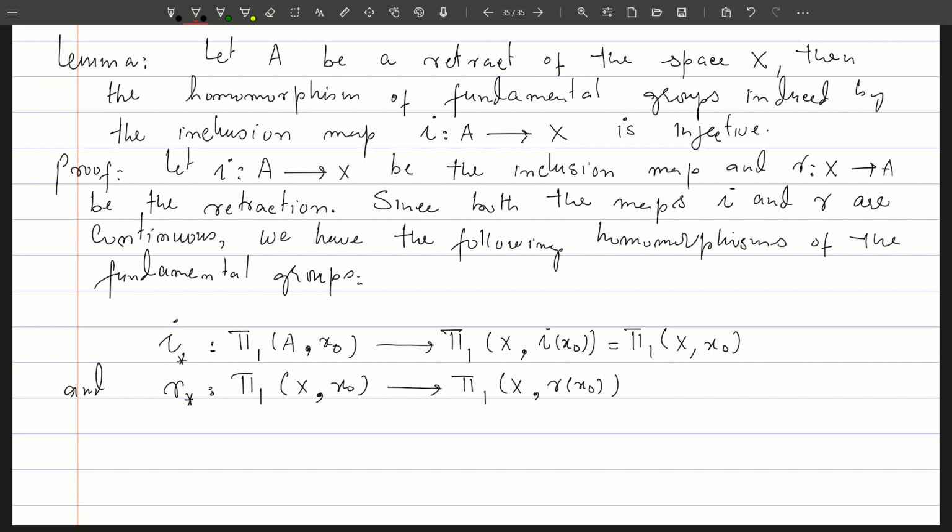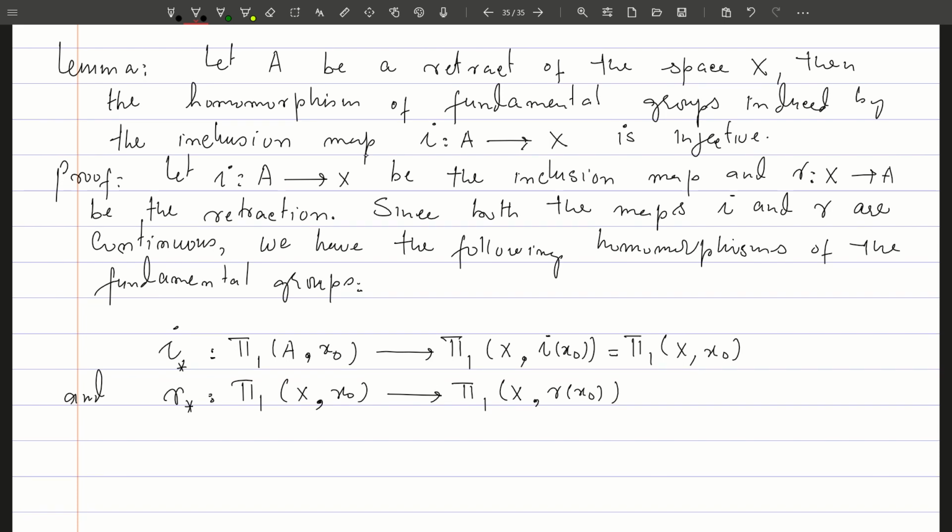So we had to prove that this induced homomorphism is injective. We wish to prove the map i star is injective, because this lemma says the homomorphism induced by the inclusion is injective. So that is we have to prove i star is injective.